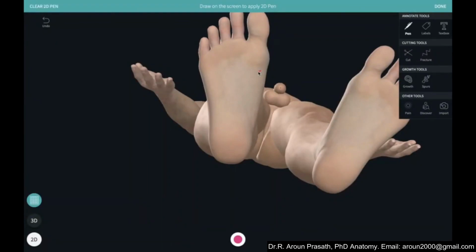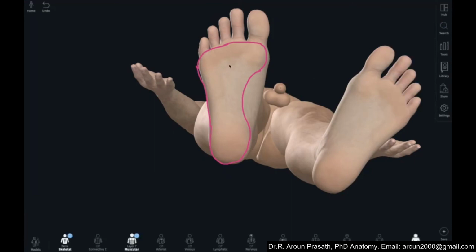This is the medial arch of the foot, and this is the lateral arch of the foot. This arch is maintained by the alignment of the foot bones.